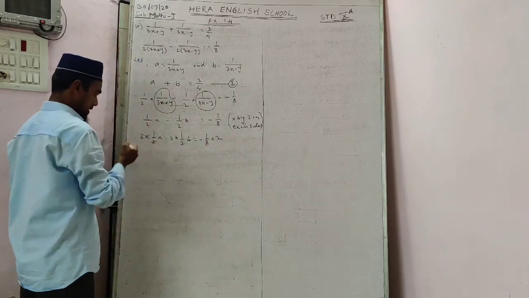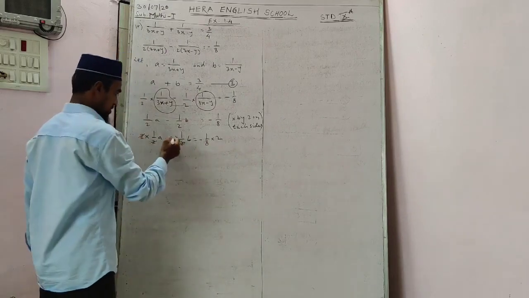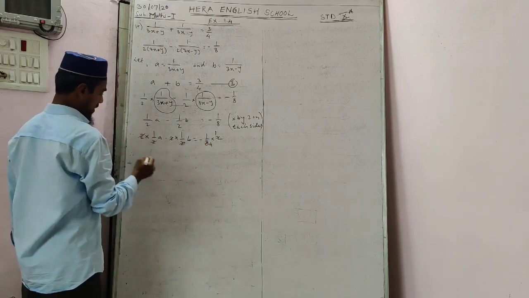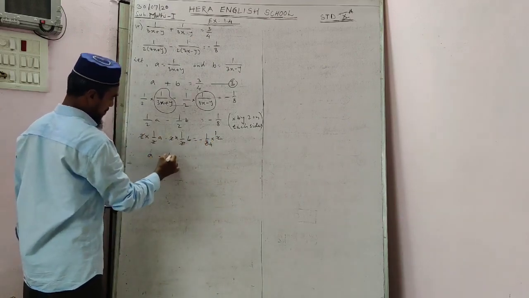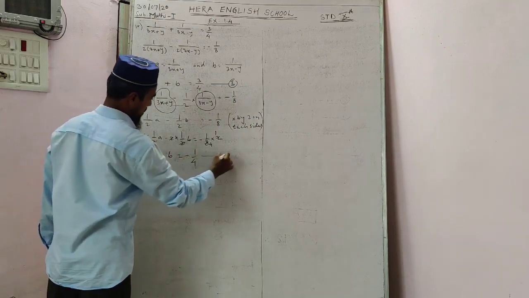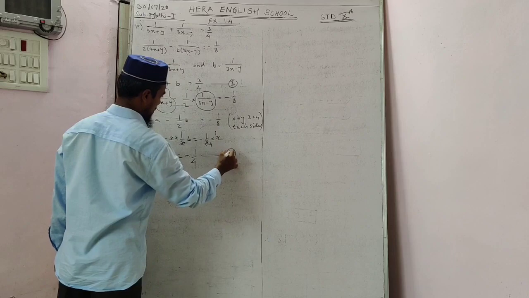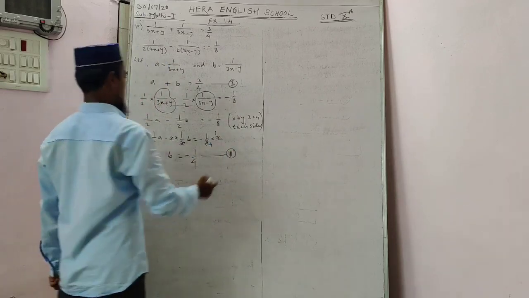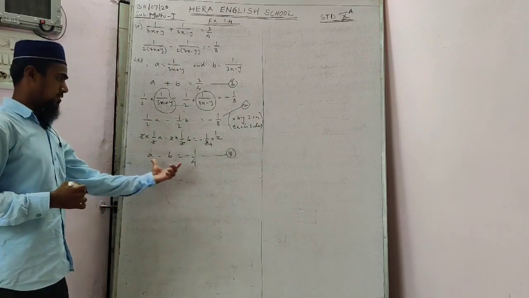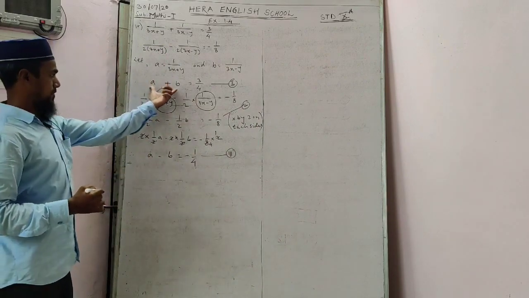You will get the cancellation of 2: 2 ones are 2, 2 fours are 8. Here we will get a minus b is equal to minus 1 upon 4. It is your third equation. Before, it was the second equation.